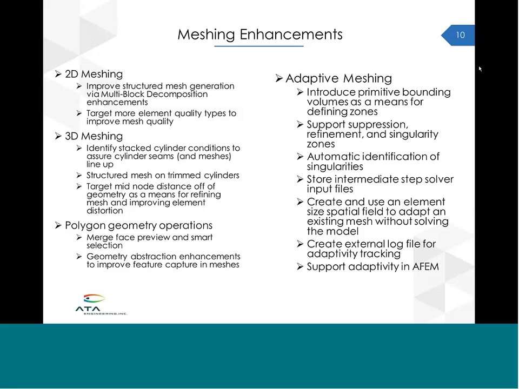And so there's a number of controls that let you specify keep-in zones and keep-out zones for the mesh refinement, identify zones where you expect singularities to occur, although having said that, there is also support for automatic identification of singularities. And as part of this process, you can have NX store intermediate results and models so you can visually inspect how the mesh is refined throughout the adaptive process.